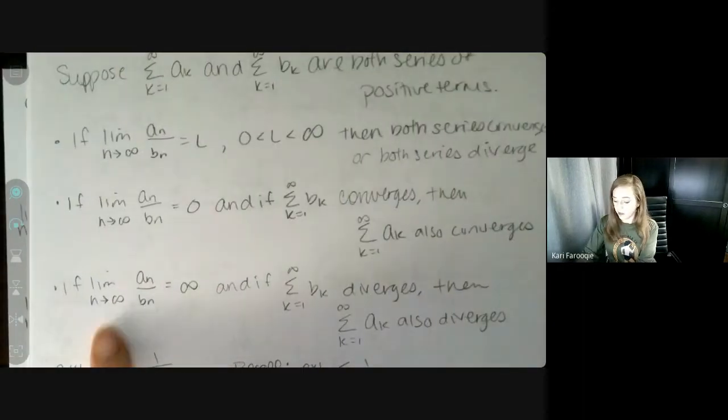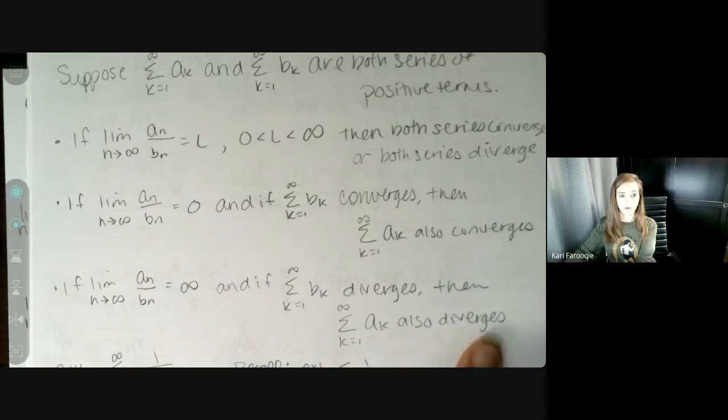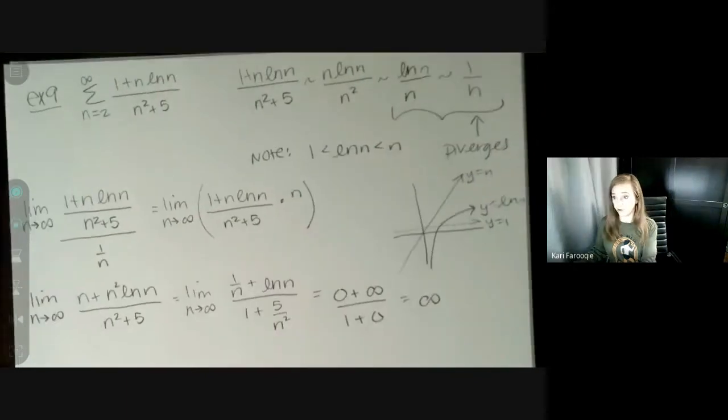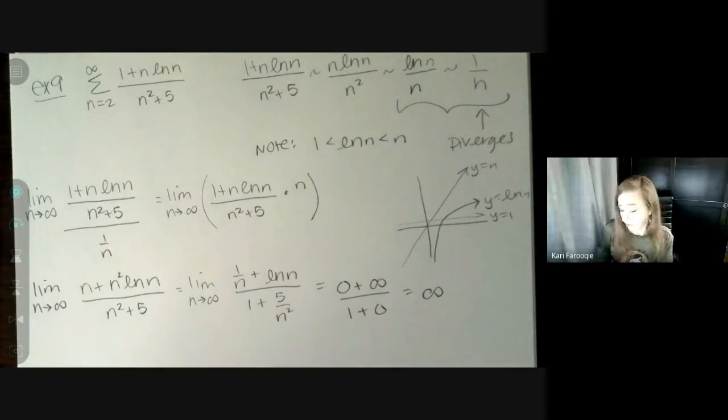If the limit as n approaches infinity of a sub n over b sub n equals infinity, and if b sub k diverges, then a sub k also diverges. And our comparison series does diverge. So it's okay that we end up getting a limit of infinity in this case.